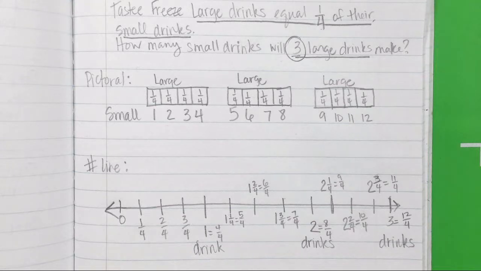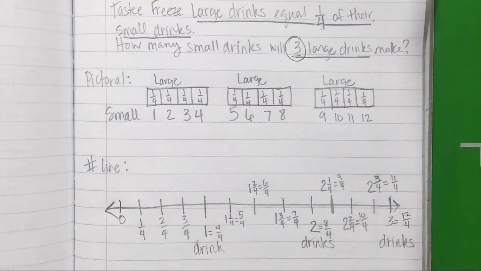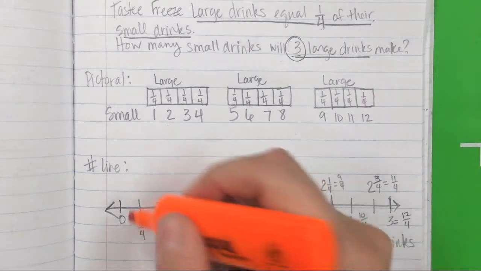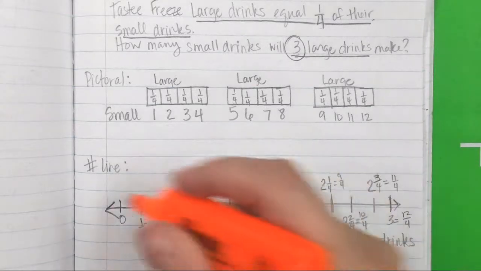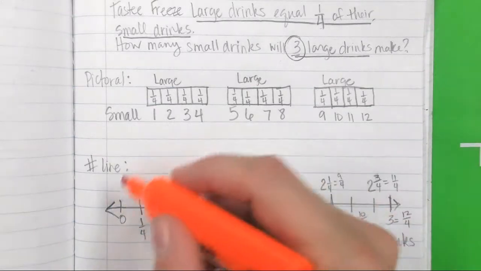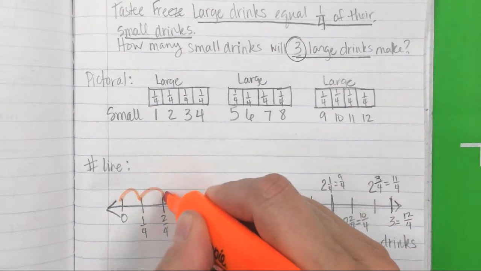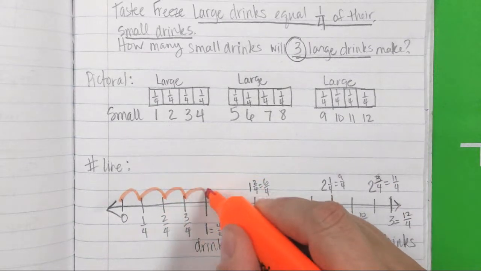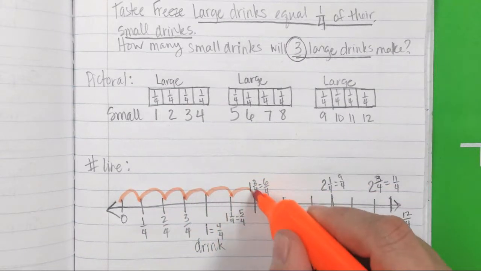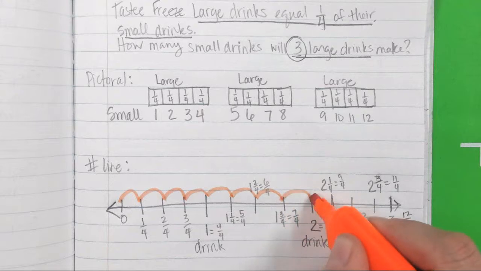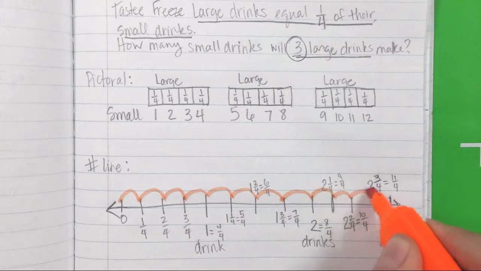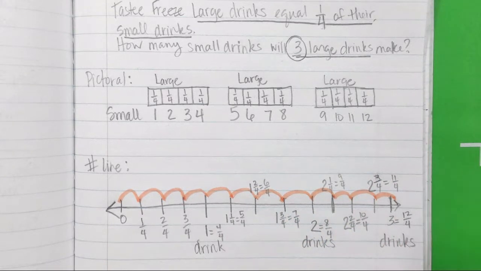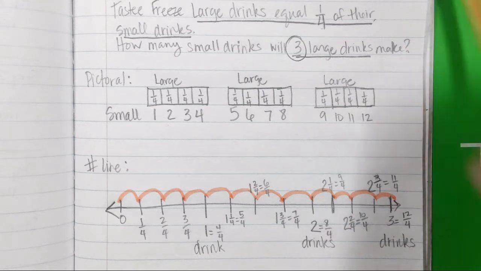So I'm going to use the orange highlighter so you can still read my numbers, all right? So I'm going to jump all the way on 1/4 till I get to 3, right? Okay? Did I jump all the way till I got to 3? Good job.